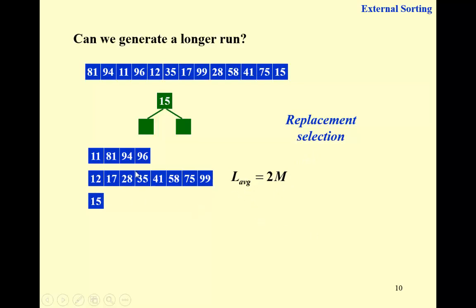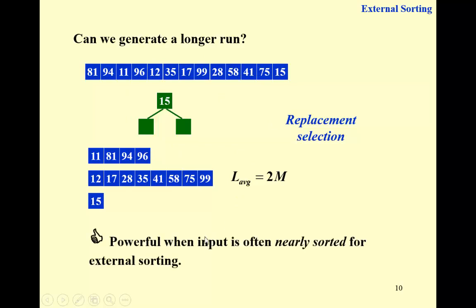On the other hand, of course, you can always carefully design the worst case so that this method doesn't work. But practically speaking, whenever external sorting is involved, usually the input is nearly sorted. If that is the case, then this replacement selection method is quite powerful.